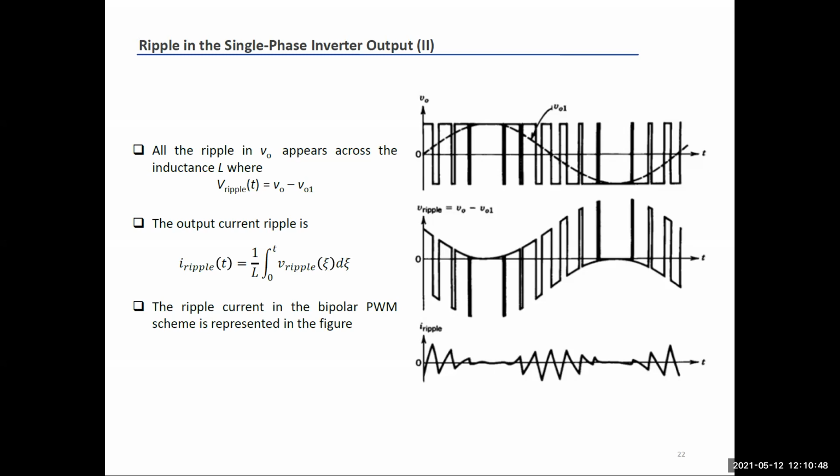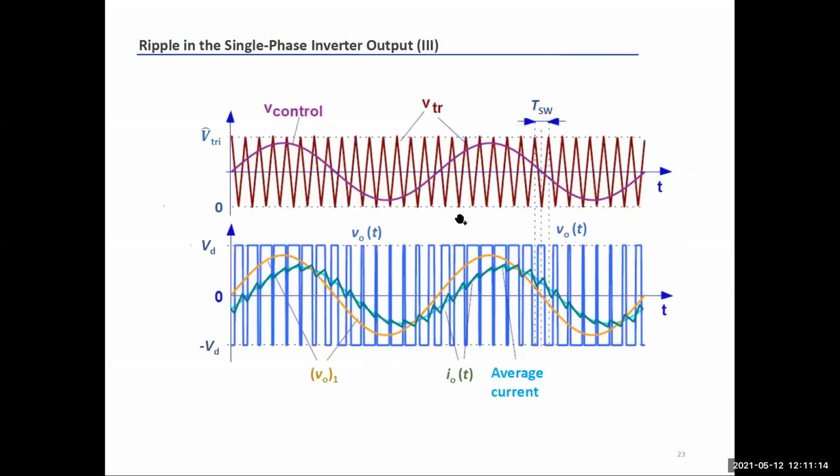But the output current, as I showed you before on the whiteboard, the I naught current is the summation of the fundamental component I naught 1 plus the ripple current. So in order to find the total instantaneous current I naught, I have to sum this ripple behavior I found in this way to the fundamental component of the current. Okay, this is done here.